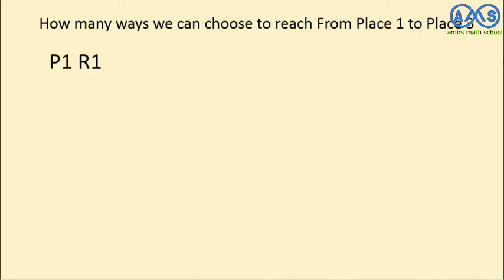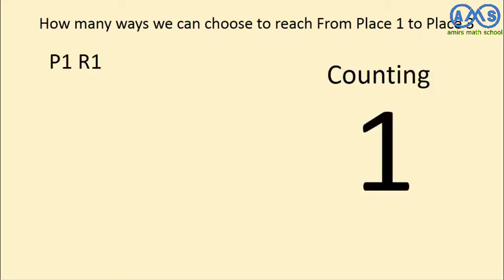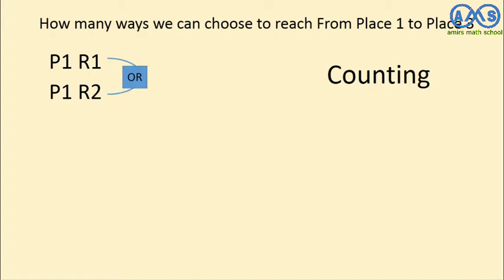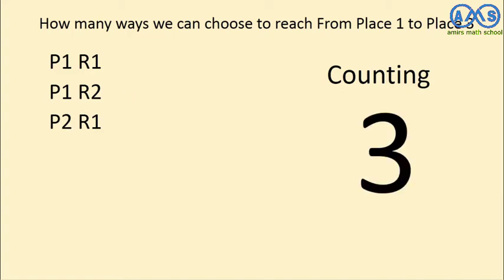The first path is P1 R1. The second path is P1 R2. We can use P1 R1 or P1 R2. So first path or second path, the counting is 2. Or we can use P2 R1. So counting is 3.